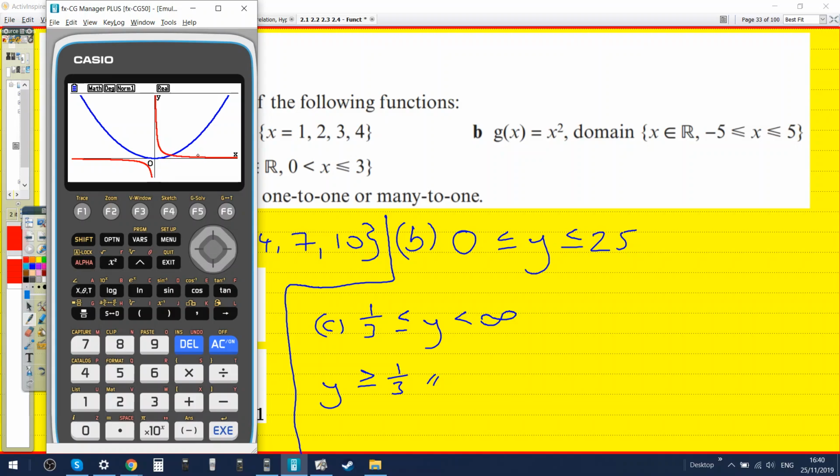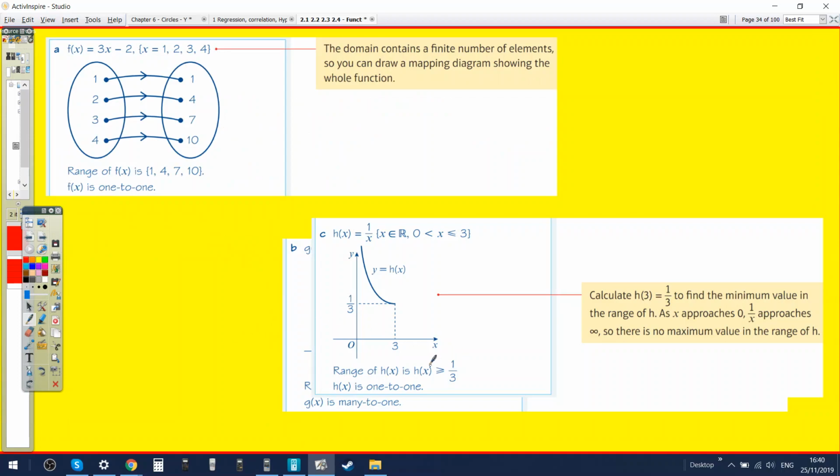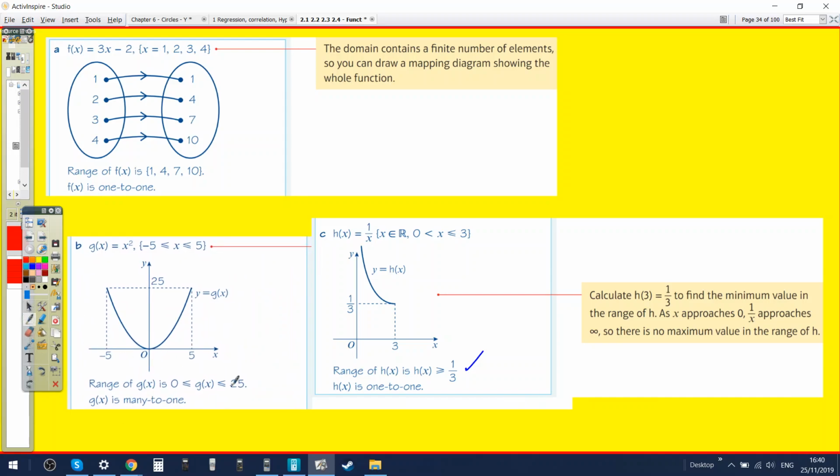So this is a third, probably about here. And then the other one is infinity on y. Yeah, so y is greater than or equal to a third. I think that's what it is. Okay. Let's take a look. Yes, h of x is greater than or equal to a third. And then the other one was, it's between 0 and 25.